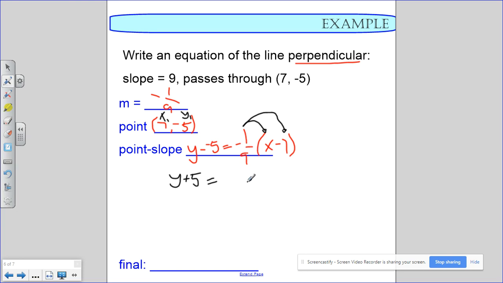So -1/9 times x gives us -1/9x. -1/9 times -7 gives us a positive 7/9. We can leave this as a fraction. I'm okay with you changing it to a decimal. However, on your test, you're probably going to be seeing some fractions, so get familiar with them.